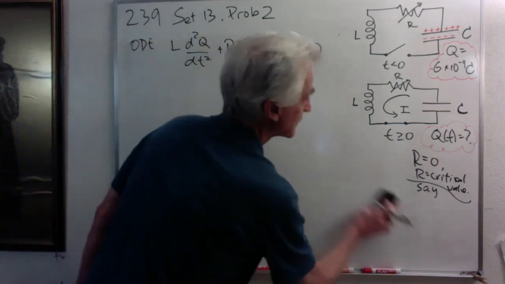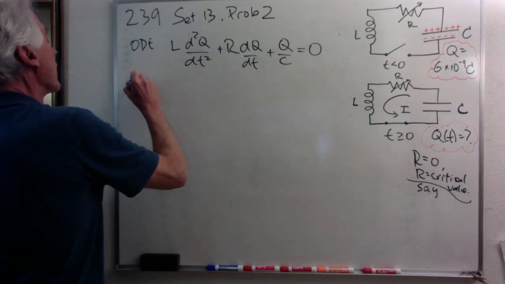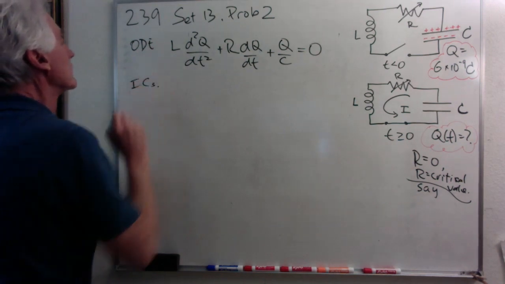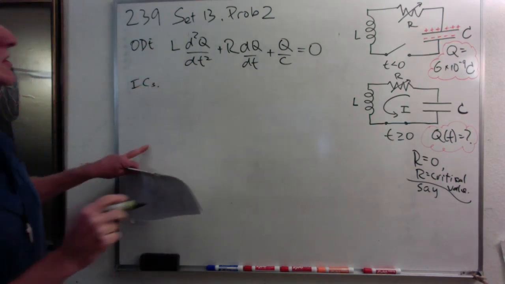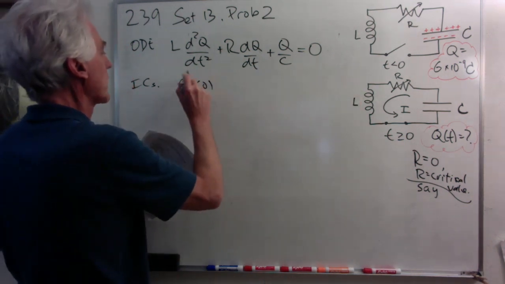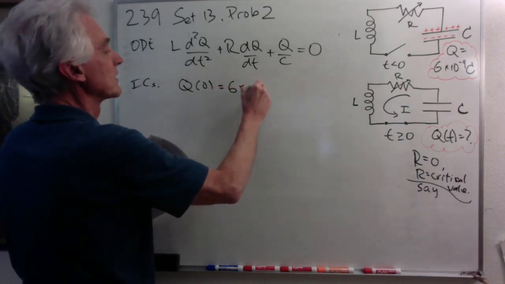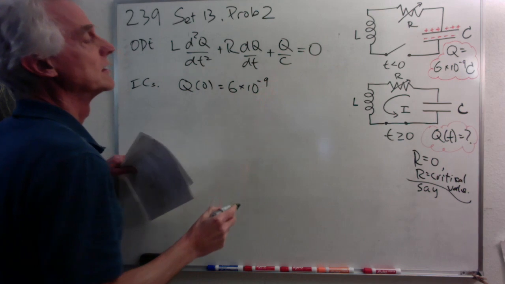Let's think about the initial conditions. The initial conditions are, what is the initial charge? I have Q at 0, right before I close the switch, is 6 times 10 to the minus 9 coulombs.